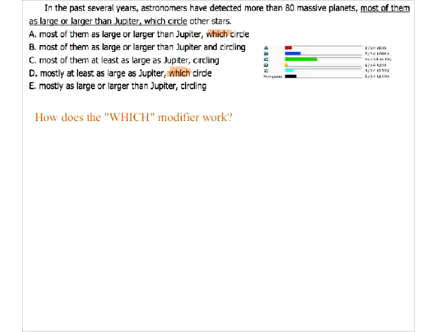Let's do a basic summary. The which modifier does 2 things. The first thing is that it must modify a noun. The second thing is that this noun should precede the comma.